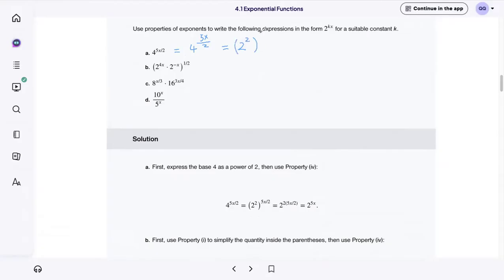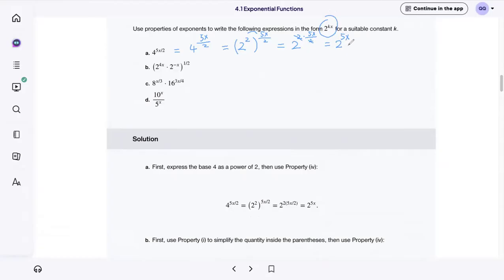So 2 raised to 2, raised to 5x divided by 2. When we have 2 layers of exponents, we multiply them. So 2 raised to 2 multiplied by 5x divided by 2. 2 times a half cancel to be 1. So that's 2 raised to 5x.